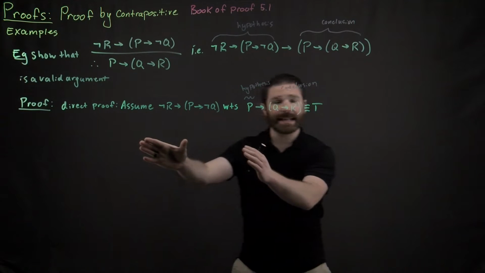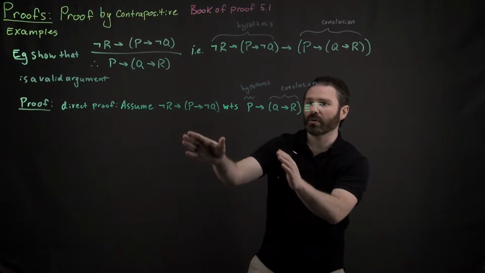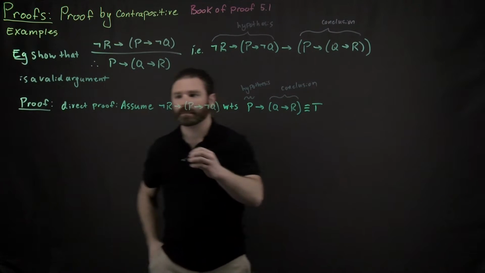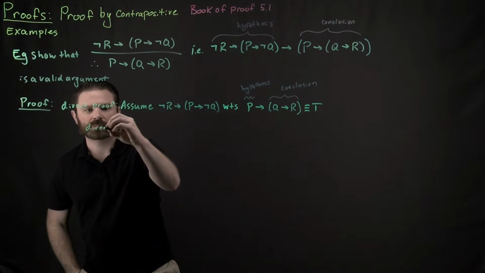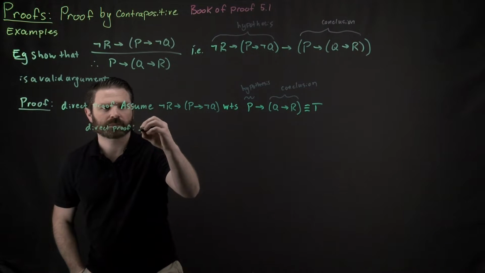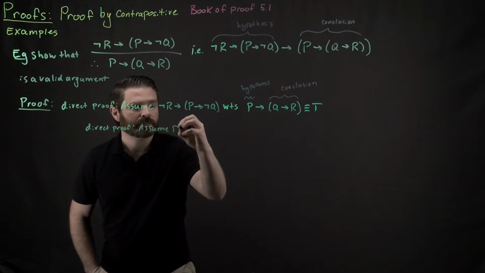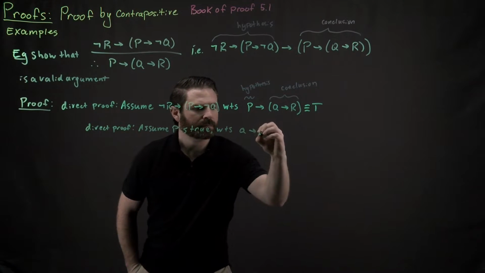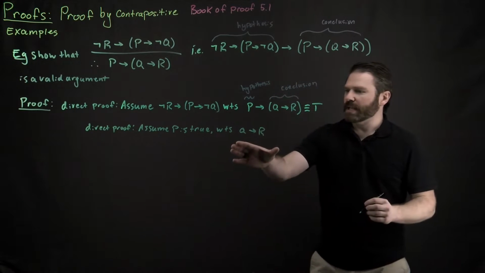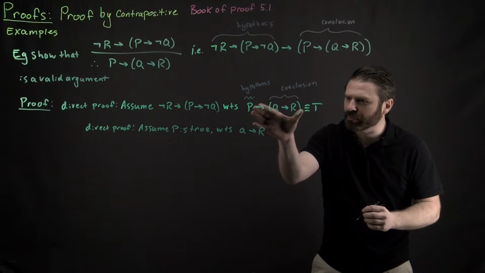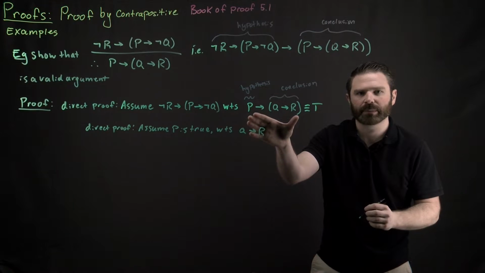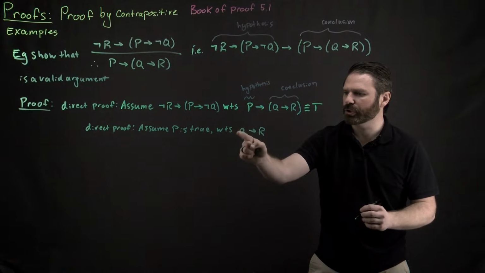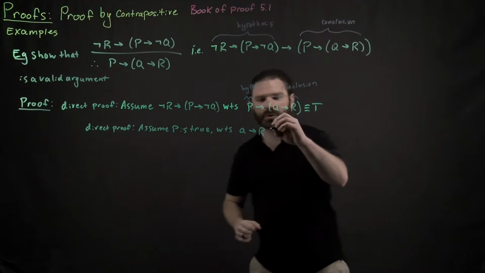So I'm going to indent this a little bit just to show that I am now concentrating on this part of my proof only. So now, using a direct proof to prove this particular implication, I want to assume that P is true, and I want to show that Q implies R is true.